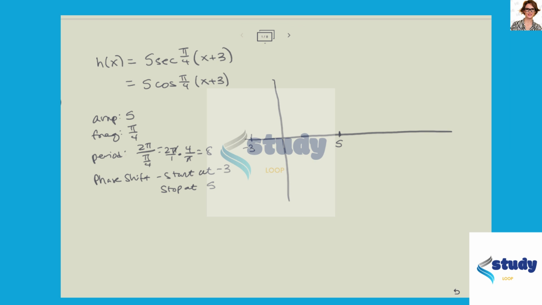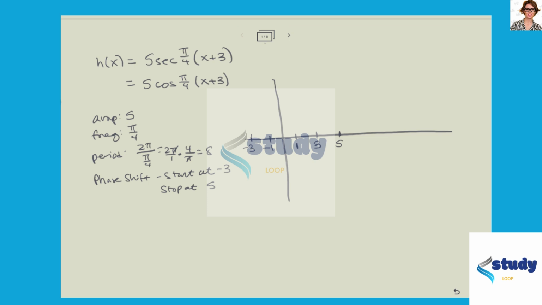So halfway between -3 and 5 is +1. And halfway between -3 and 1 is -1. Halfway between 1 and 5 is 3.